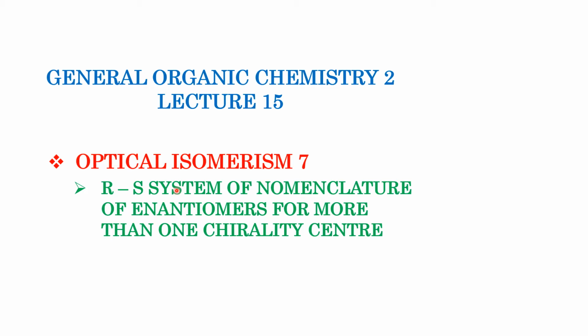If you just look at the previous year papers, these are very frequently asked questions related to optical isomerism. So today, while I tell you about the RS system of nomenclature, using the system I'm going to give you a trick to find out whether the given molecules are enantiomers, diastereomers, or identical molecules. This is going to be a very important topic for your learning.